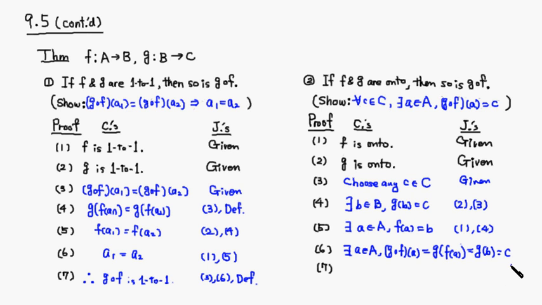I'm combining line 4 and line 5, so that's line 6. Therefore, we could show that the composition g of f is also onto. I'm using line number 3 and line number 6, and of course the definition of an onto function. That's it. I hope that this was clear.